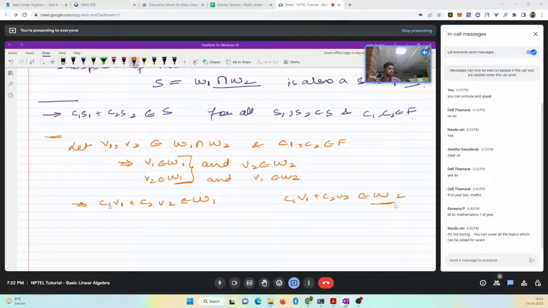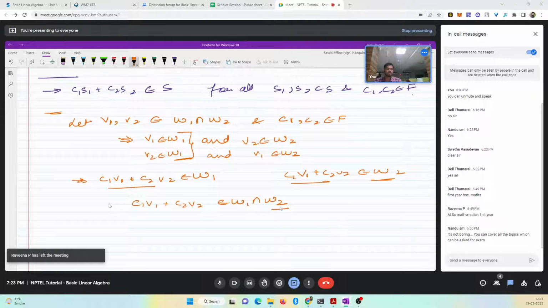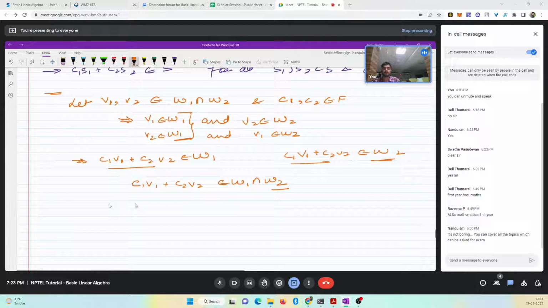Again, because W2 is already a subspace. So because this element belongs to both these sets, what can we infer? We can infer that C1 V1 plus C2 V2 belongs to W1 intersection W2, right? So we just proved that the intersection of these two sets, W1 intersection W2, is a subspace.